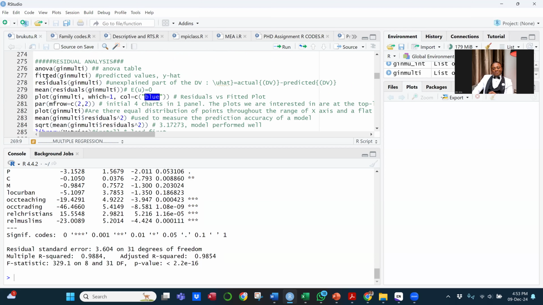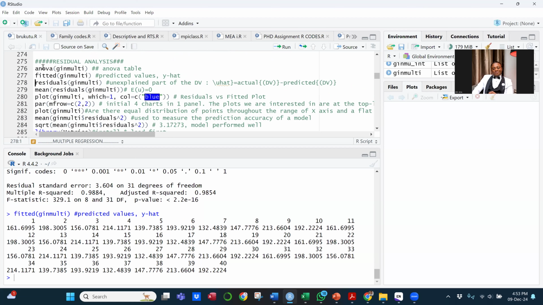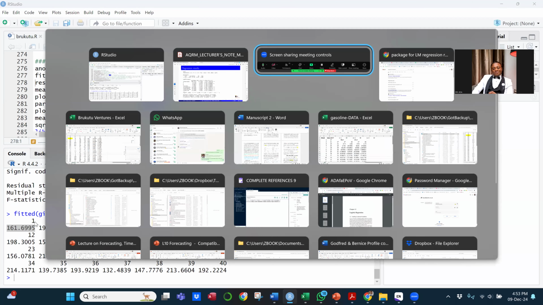You can also run the fitted model. Remember, the fitted model is the same as the regression, the predicted. And the fitted is this, 161 for the first one. If you can remember, the actual is different from the fitted. The actual is the one you have in the data itself.